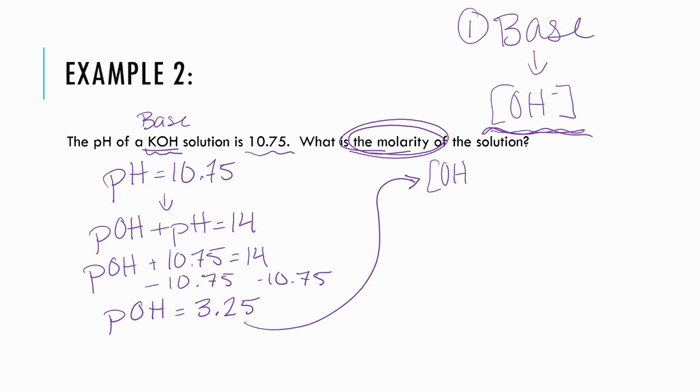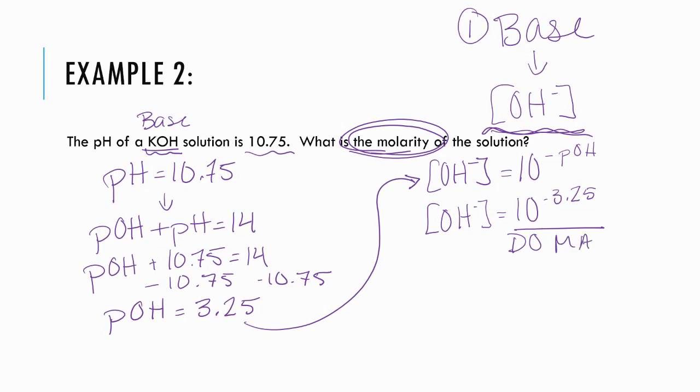The relationship that allows me to find the OH minus concentration is 10 to the negative pOH. So all I need to do is plug in 3.25. Now, when you have a number as an exponent that has decimals, that's not a whole number, you have to actually do this math. Always, okay?